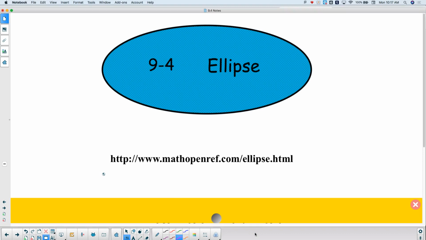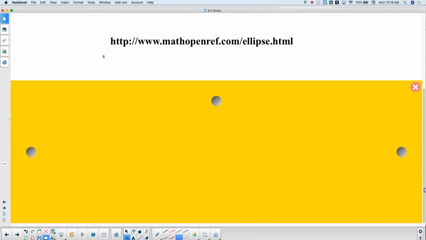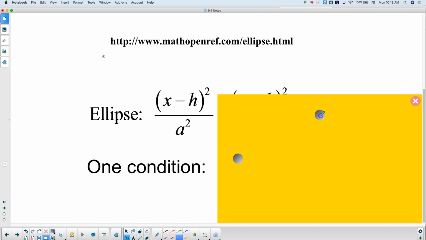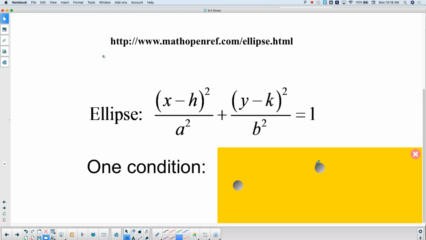Okay? So first off, we have to start with the equation of an ellipse. And here is the equation of the ellipse.